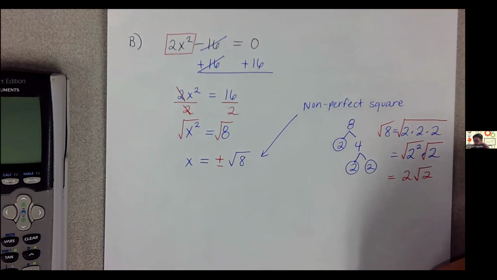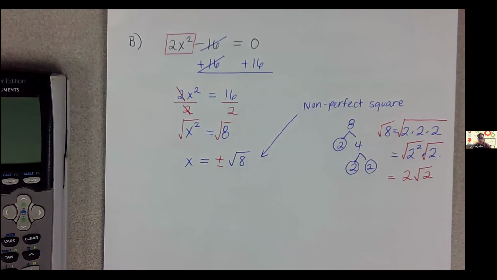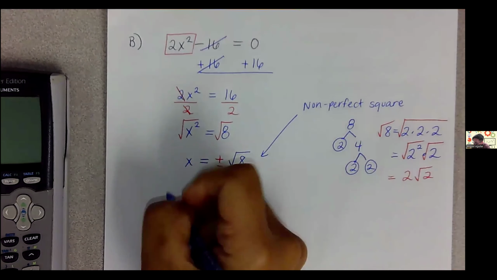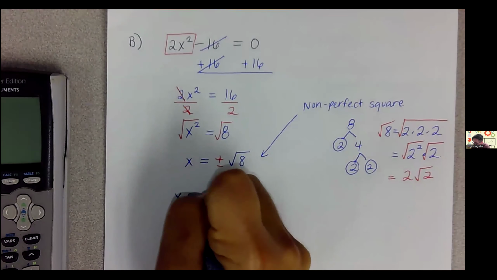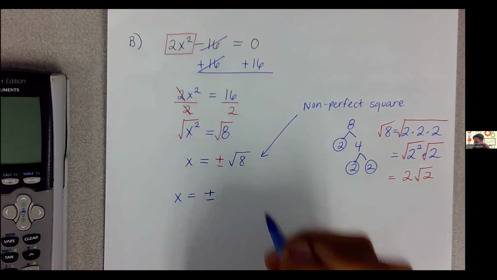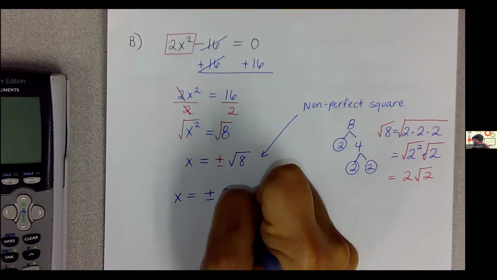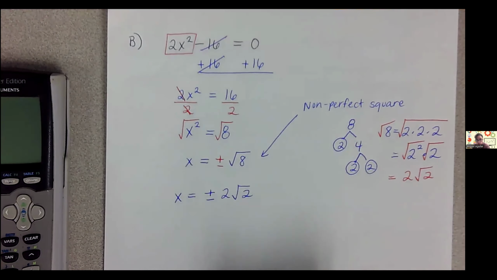So this is the form that your homework platform is going to take. It will not accept the square root of 8. Your solution needs to be x is equal to plus or minus 2 times the square root of 2. Or sometimes we just say 2 root 2.